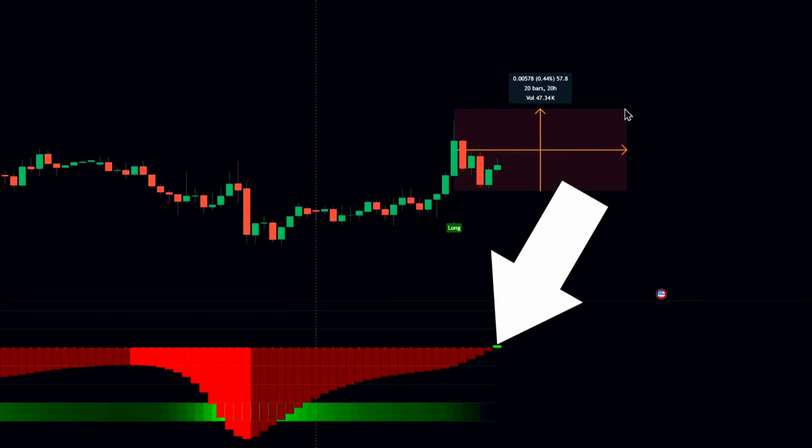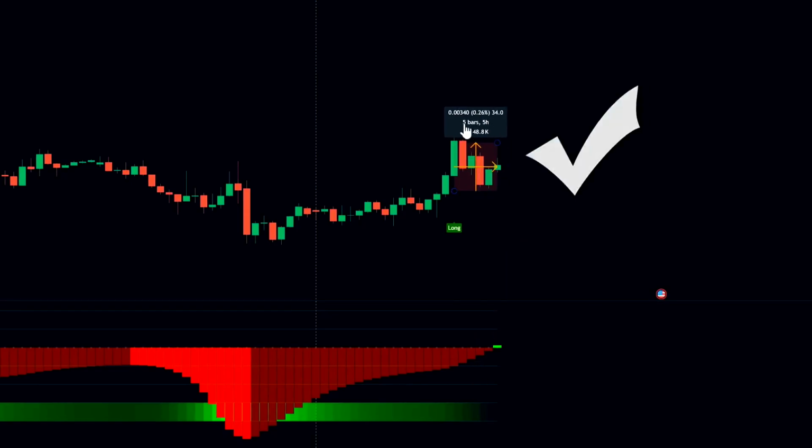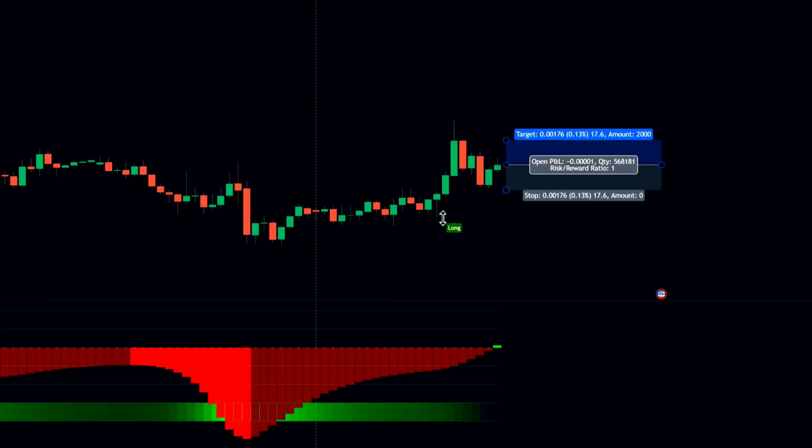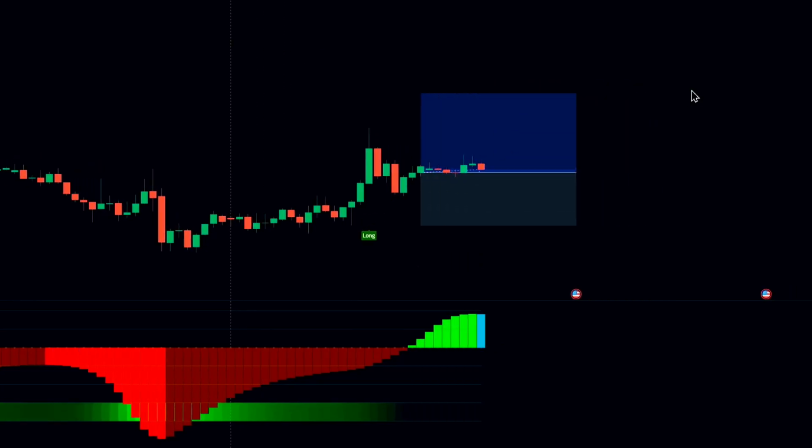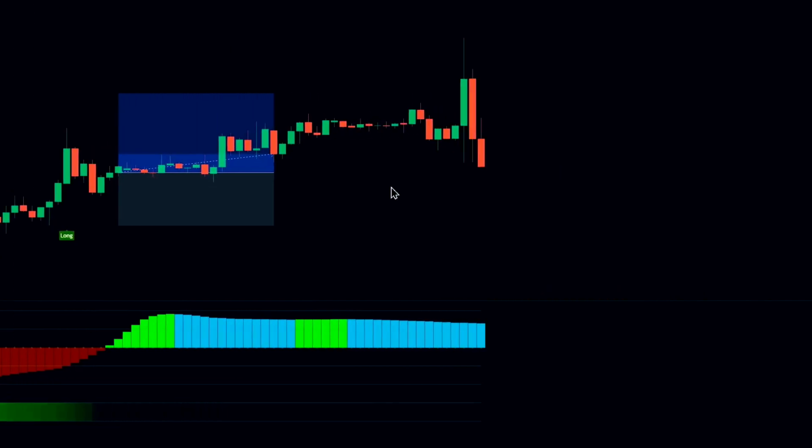Here it turns green after 5 candles, confirming the entry. Place your stop loss below the recent swing low and set the profit target at 1.5 times the risk. This trade also proves successful.